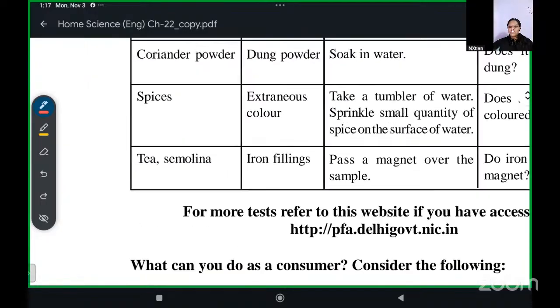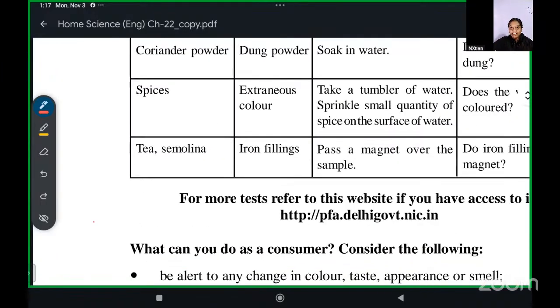Some red chilies are very red in color, deep red in color or something. Sometimes it is colored with extraneous colors, artificial coloring and all.